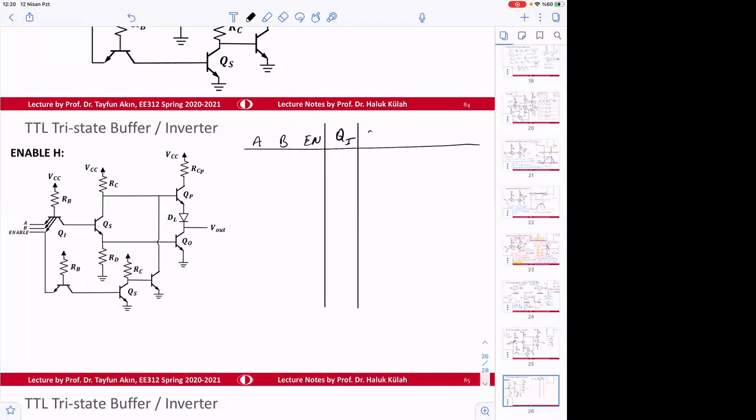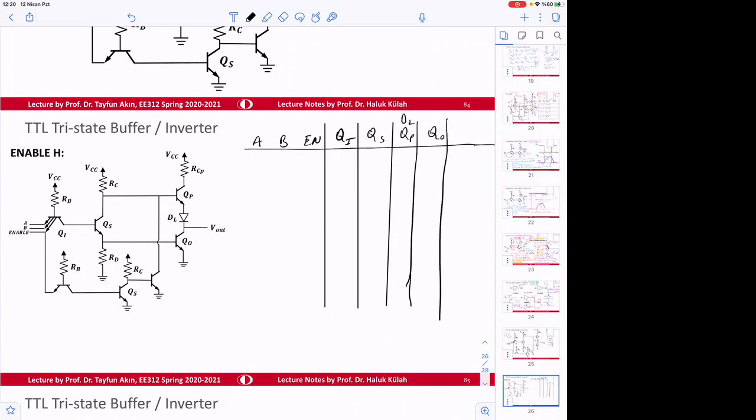What is QS? What is QP? What about DL? QP and DL. And then what is QO?